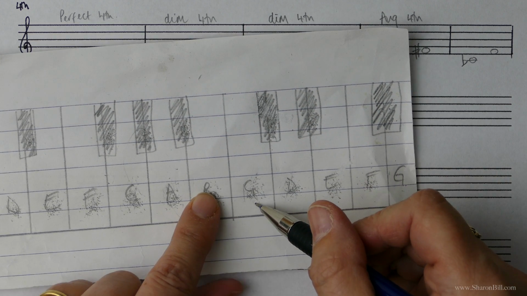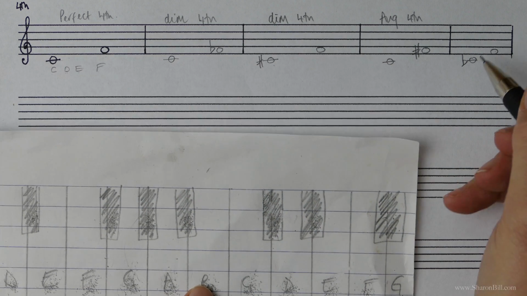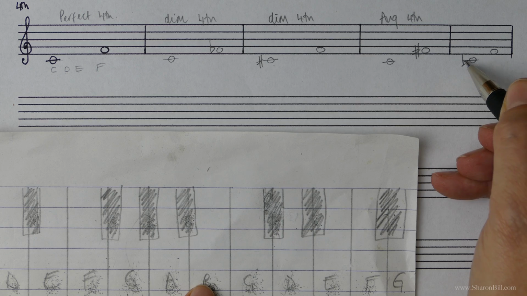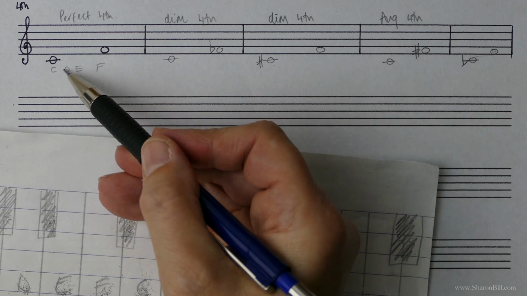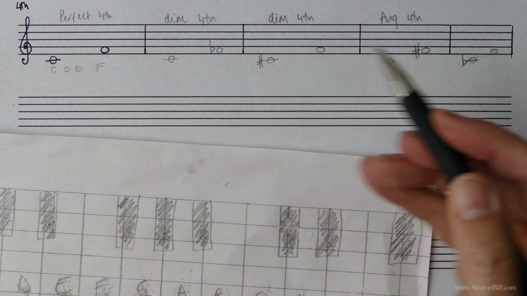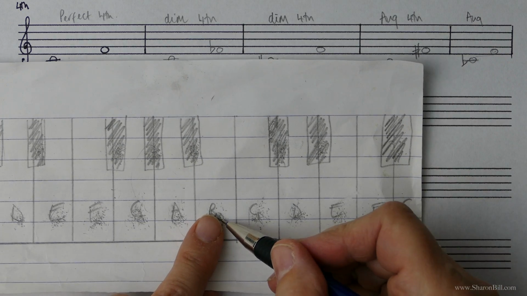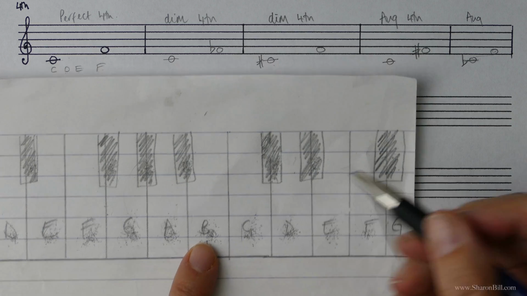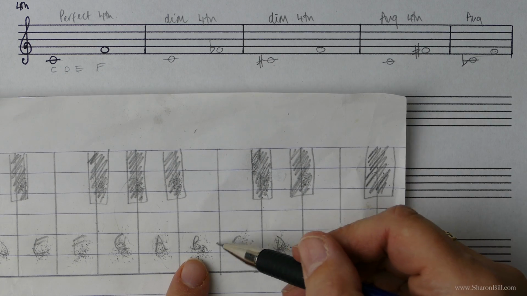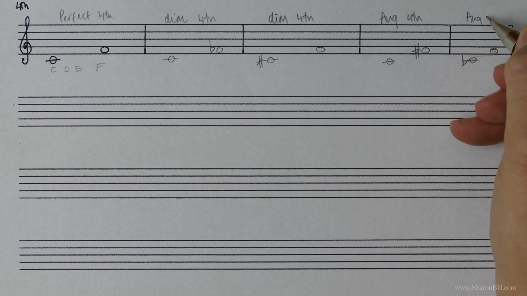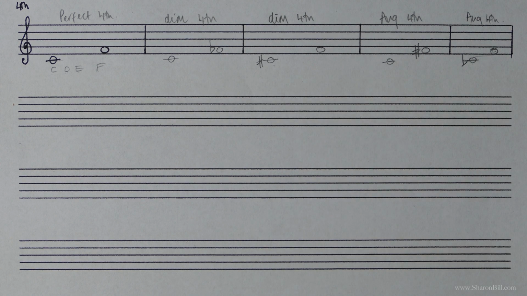You can't think B to F because that's not the case. We're still on this C line here, 1, 2, 3, 4. We're only working through 4 letter names, and so that's an augmented fourth. It's nothing to do with B at all. It's a C flat because we've lowered the C by a semitone. So that gives us an augmented fourth as well.